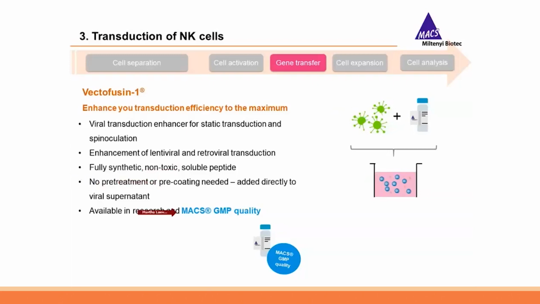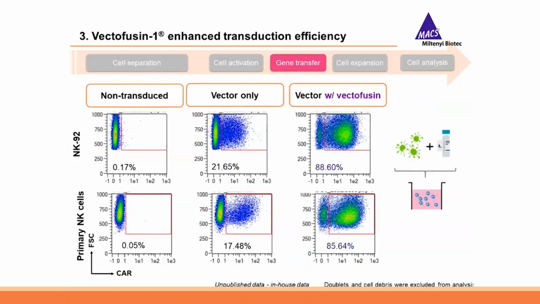And I want to show you some data. So I mentioned before that you can use cell lines like NK92 or primary NK cells for CARs. In this case, this is our non-transduced sample using only the vector. So we have around 21 or 17%. And then using vectorfusin, you can see the real increase in efficiency, up to 88 or 85% CAR NK cell positives with the help of vectorfusin.